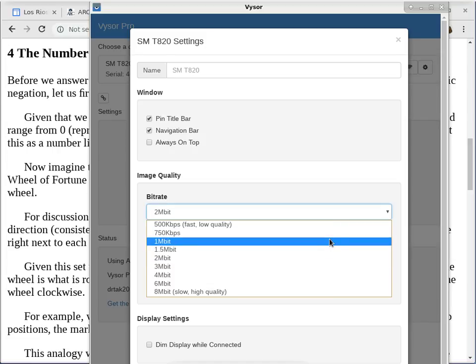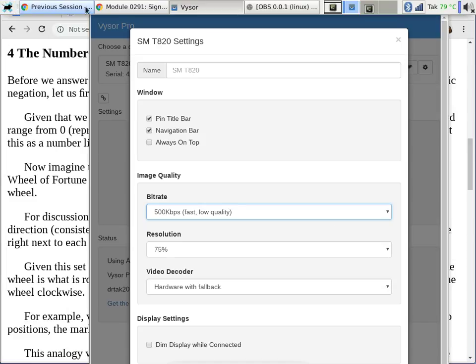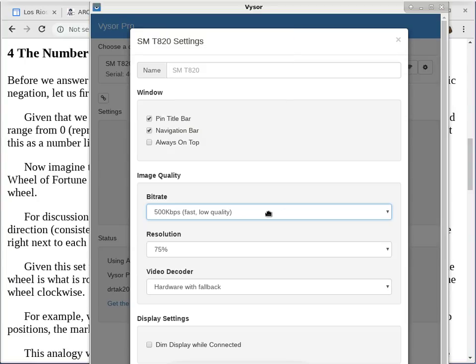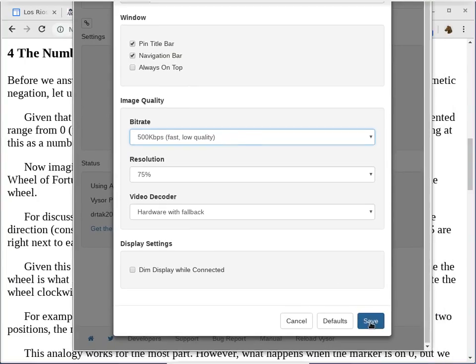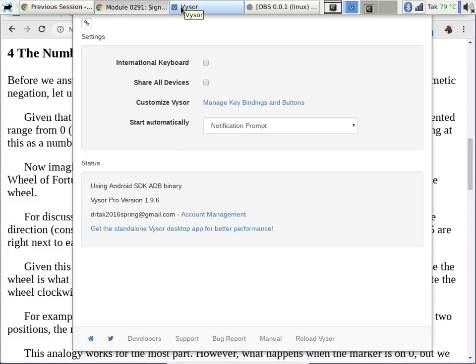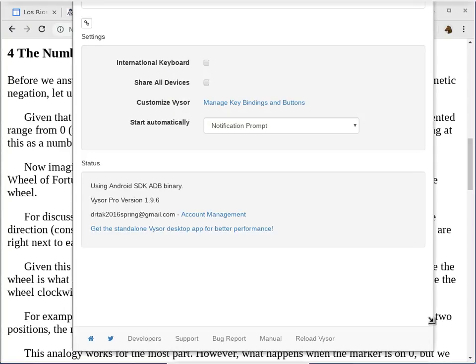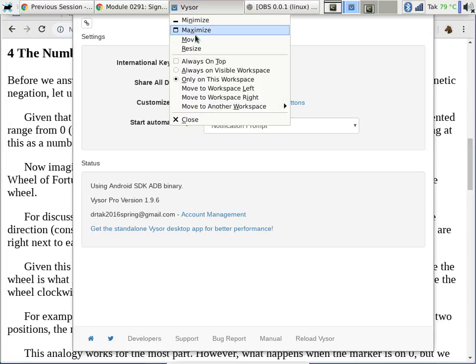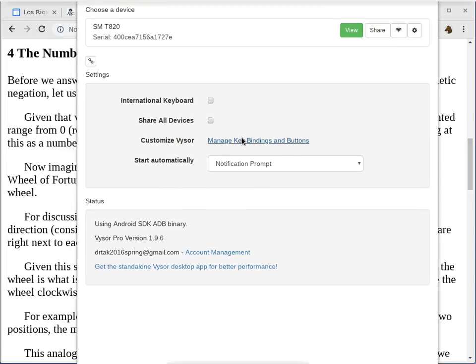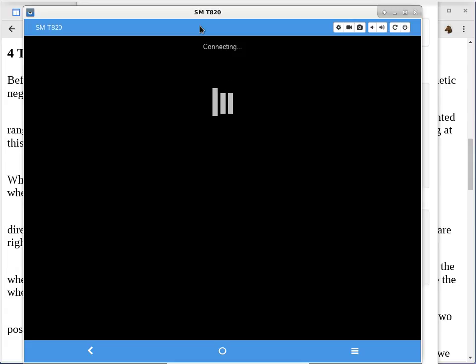So we'll try fast, lowest quality and see what happens. It's a problem when my screen is too small and I can't display the entire window. Okay, let me move this back down. And the first time it's going to crash, the second one will connect. Yep.